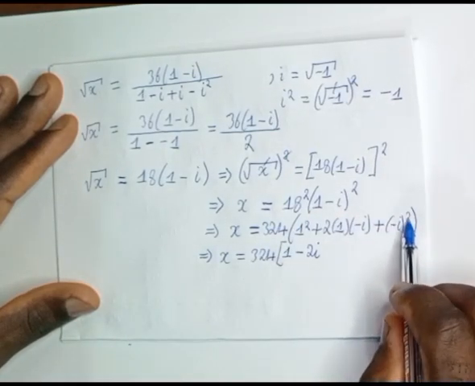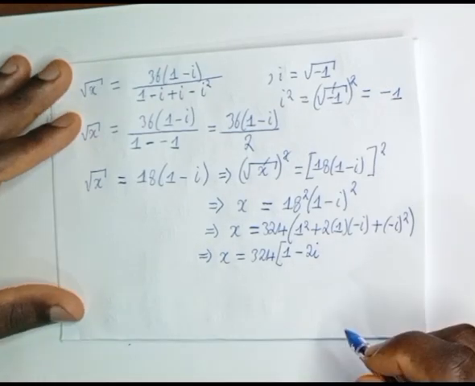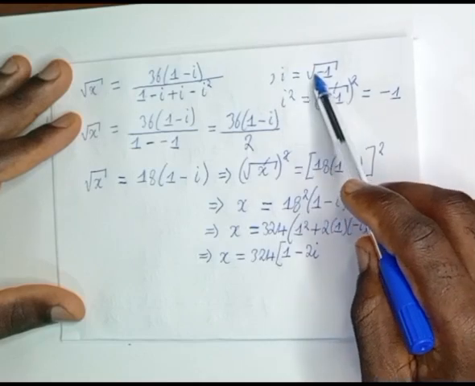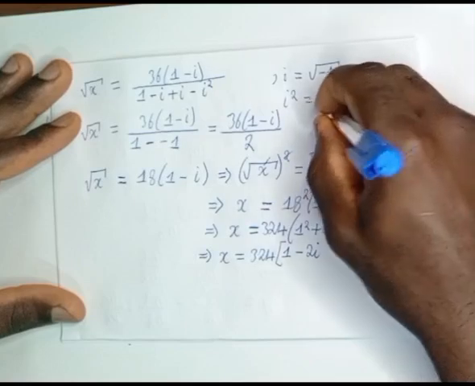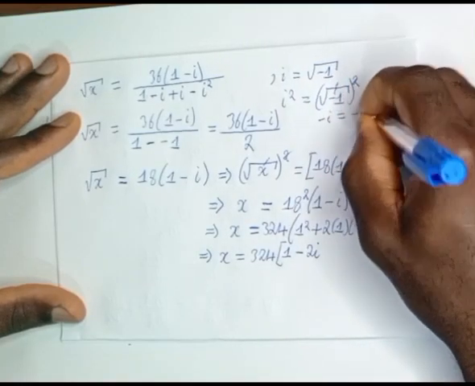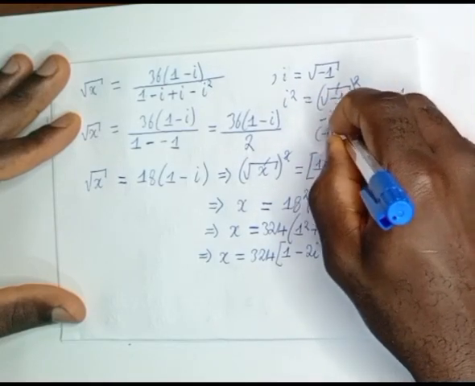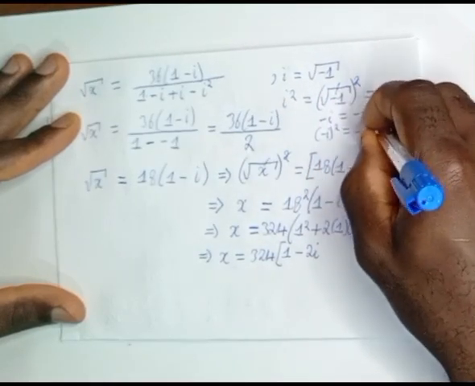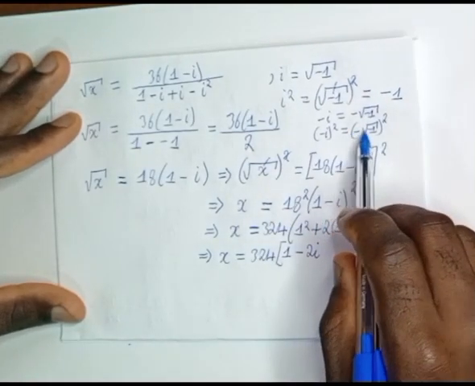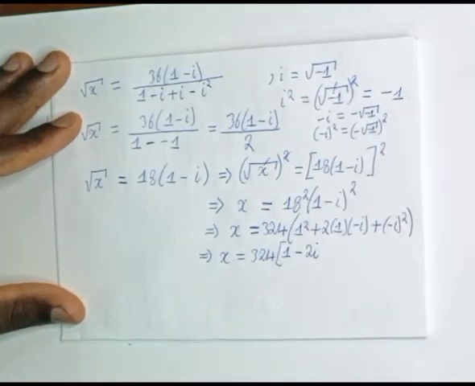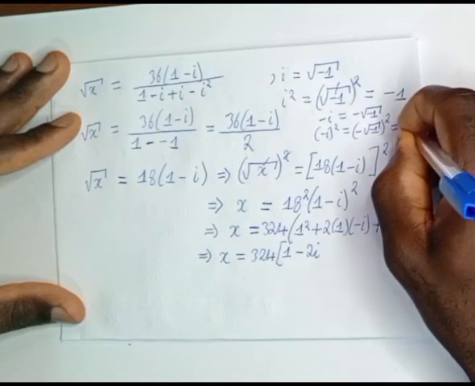Negative i squared is simply equal to, remember, i is simply equal to the square root of negative 1. If we take negative i, it will simply be equal to negative the square root of negative 1. If we square this, negative i squared, it will simply be equal to negative the square root of negative 1, all this squared. If we take negative the square root of negative 1 times negative the square root of negative 1, this will simply be equal to negative 1.